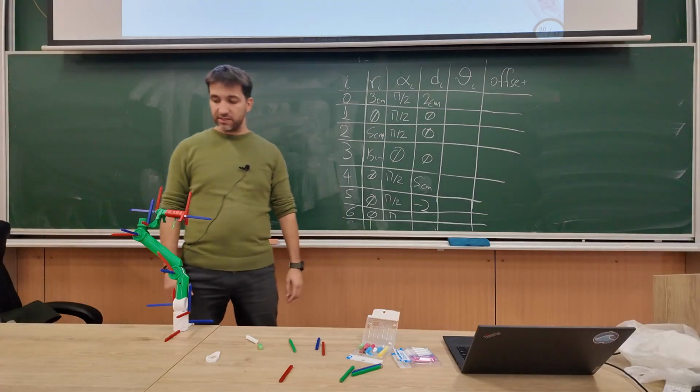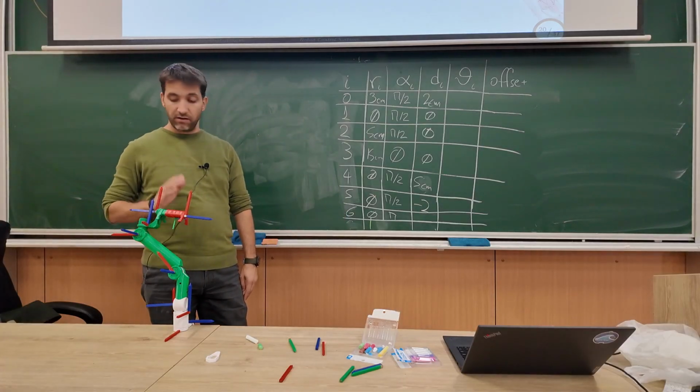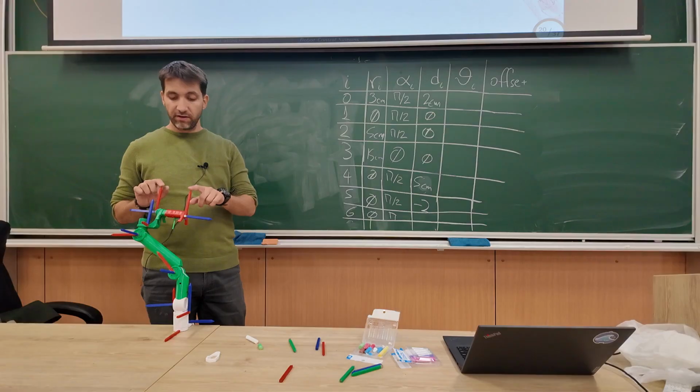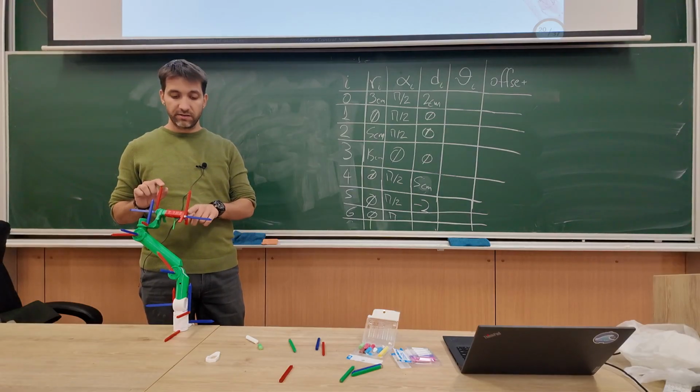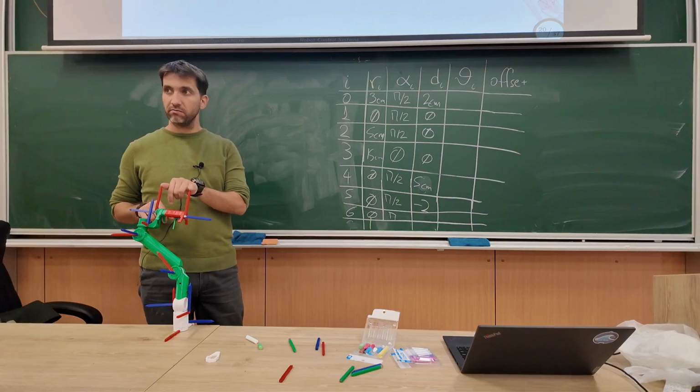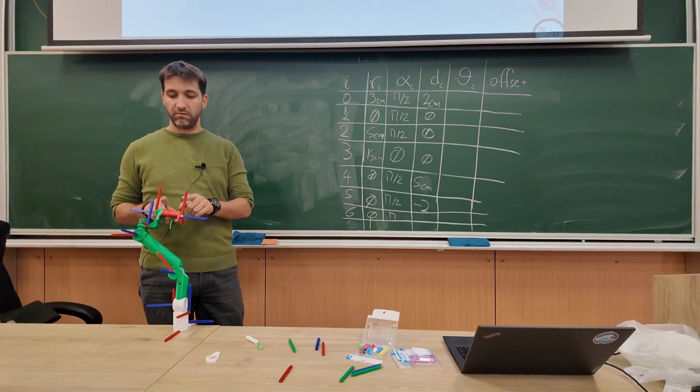And then I have x6 to x7 along z7. How much is this? Is this distance, right? Let's say 6 centimeters. 5. That's bigger. That's smaller, right?